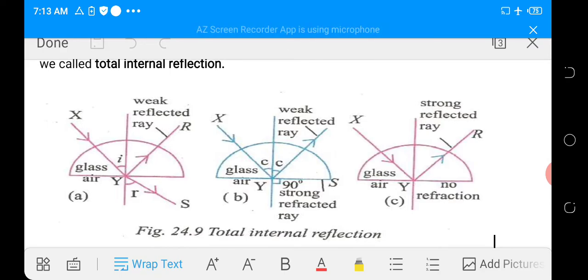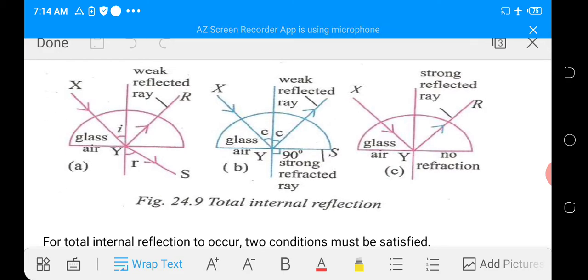If we continue to increase the angle of incidence i, so that i is now greater than the critical angle as shown in figure C, we will observe that there won't be any refracted ray again, that is no more refraction. Instead, the incident ray will be totally reflected as shown in figure C. Then we have a strong reflected ray and no refraction.